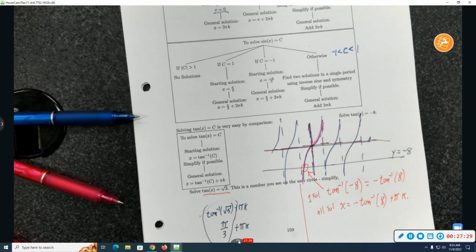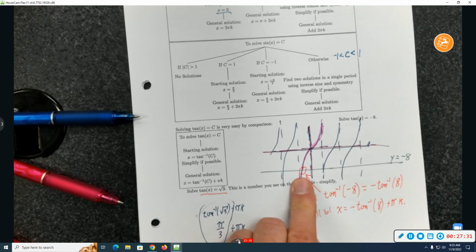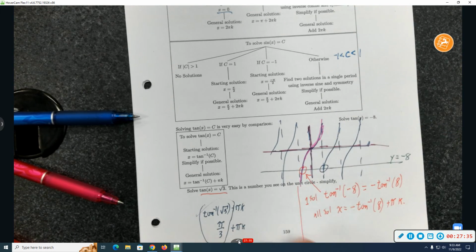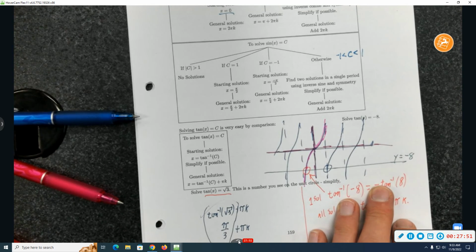In this case, that's not between 0 and pi, but this one is. So you should include the plus pi k if you want all of the solutions. If you want a particular one, then make sure you're getting the right one. Groovy. Folks feel all right?